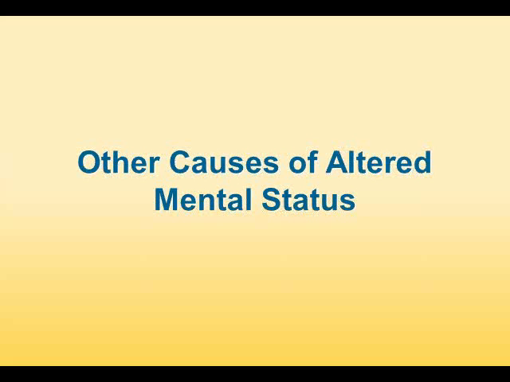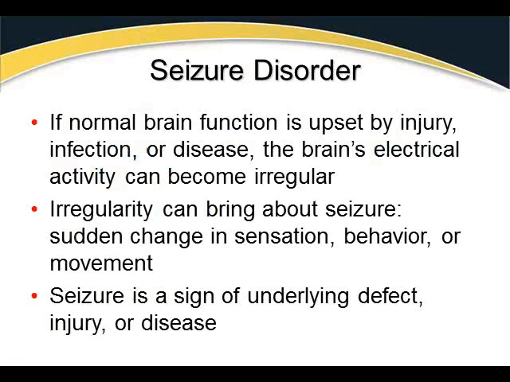All right, so some other causes of altered mental status. Seizures, seizure disorder. If the normal brain function is upset by either an injury, an infection, or a disease, that brain's electrical activity can become irregular. With the electrical activity, remember, all of our nerves run off of really electricity.